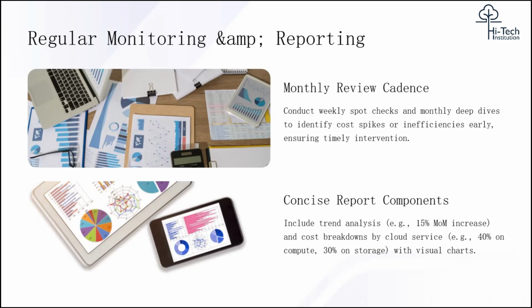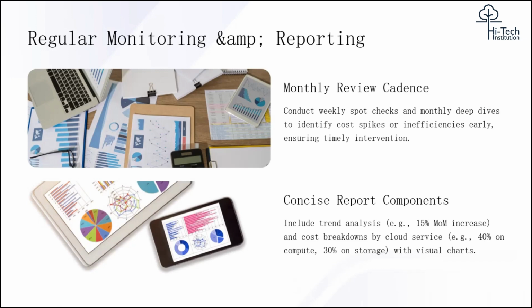So here they will investigate where the issue is: has any price increased from the Azure side or AWS side, or who made this mistake or that mistake. They will be analyzing it. Okay, so this is the important thing here.